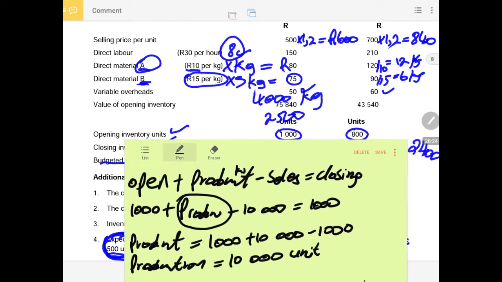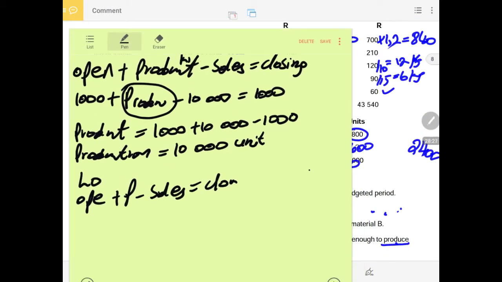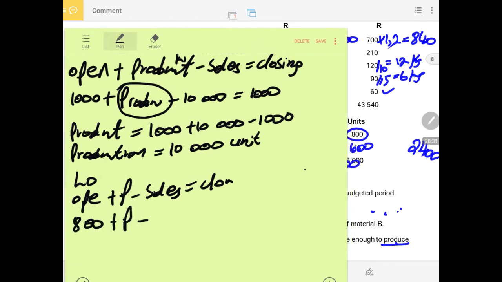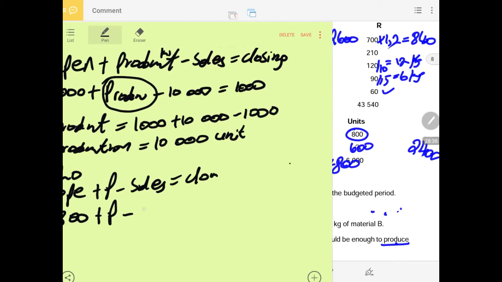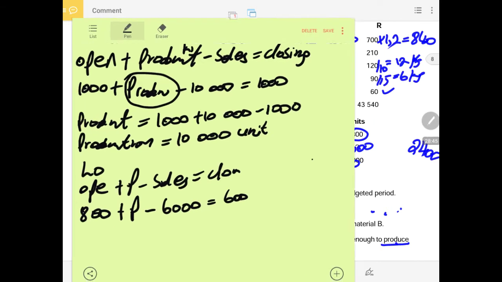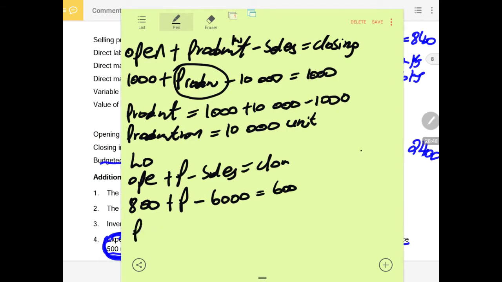Then we look for our opening, which is 800, plus P minus our sales. Our sales will be 6,000. Our closing will be 600. Then we are looking for production. Production will be 600 plus our sales of 6,000 minus 800.